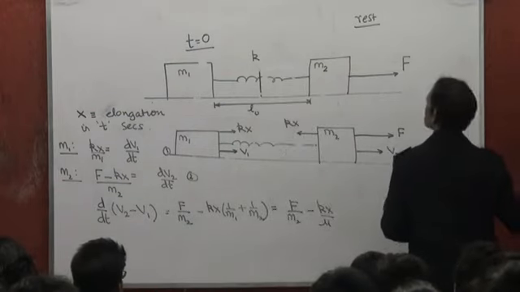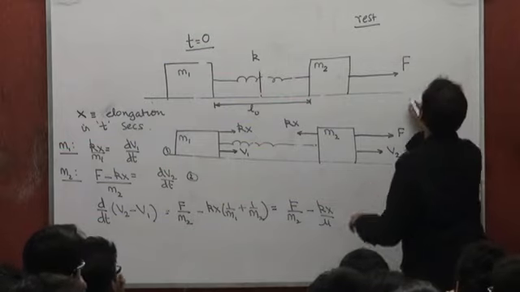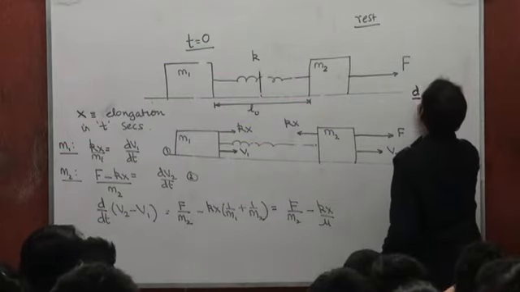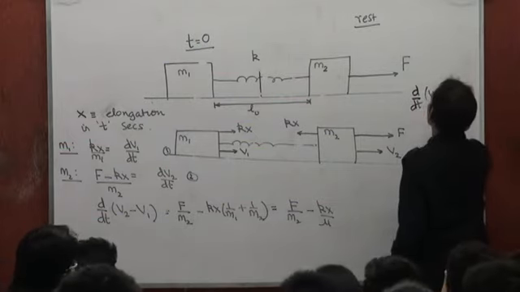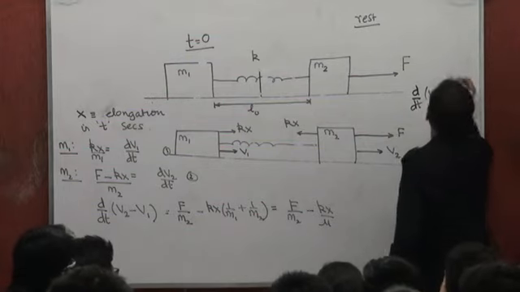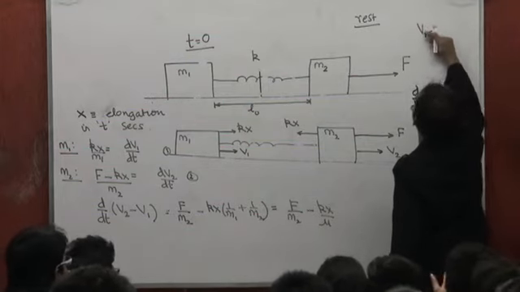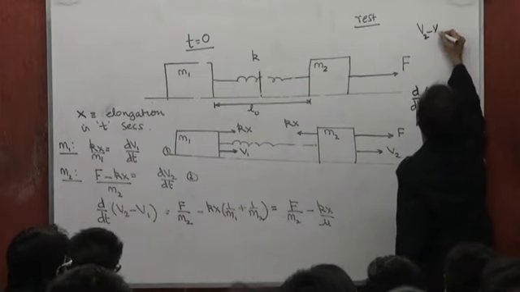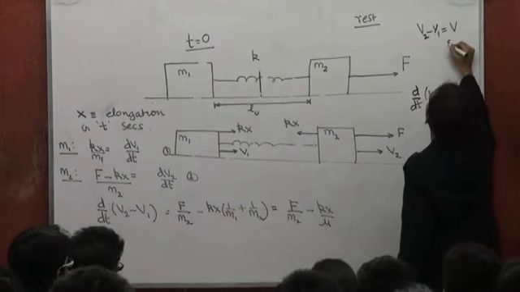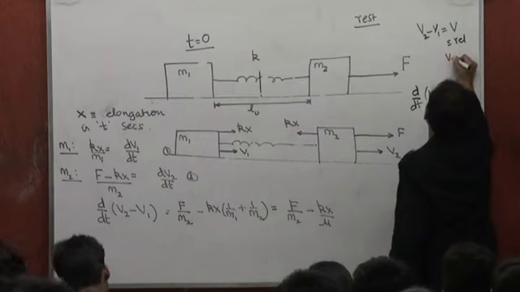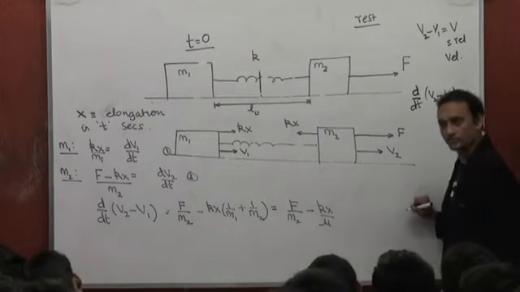Now, d/dt of V2 minus V1. V2 minus V1 is the relative velocity, yes or no? Let's call the relative velocity v.